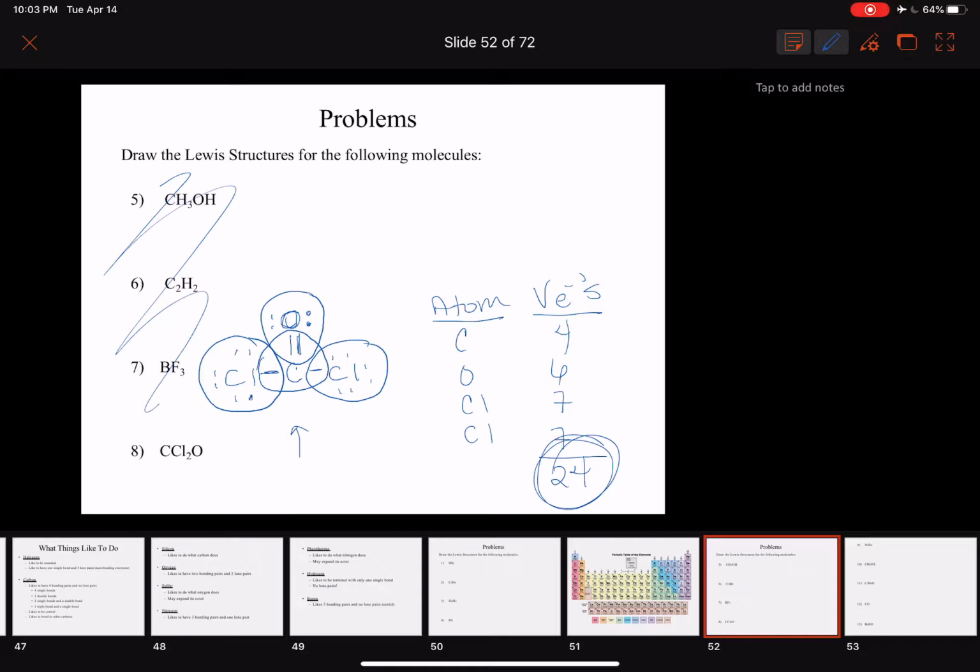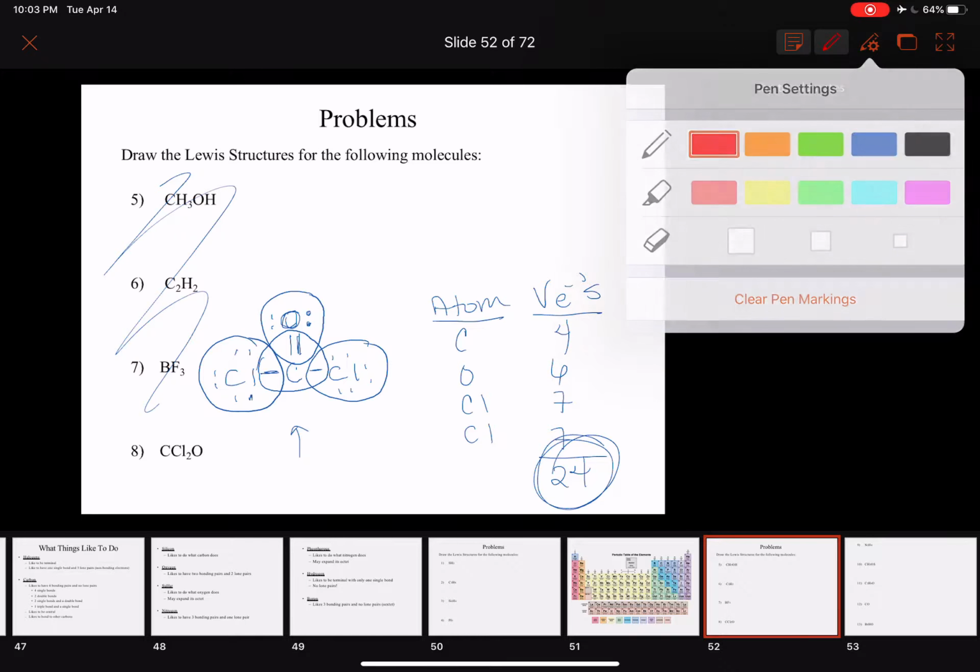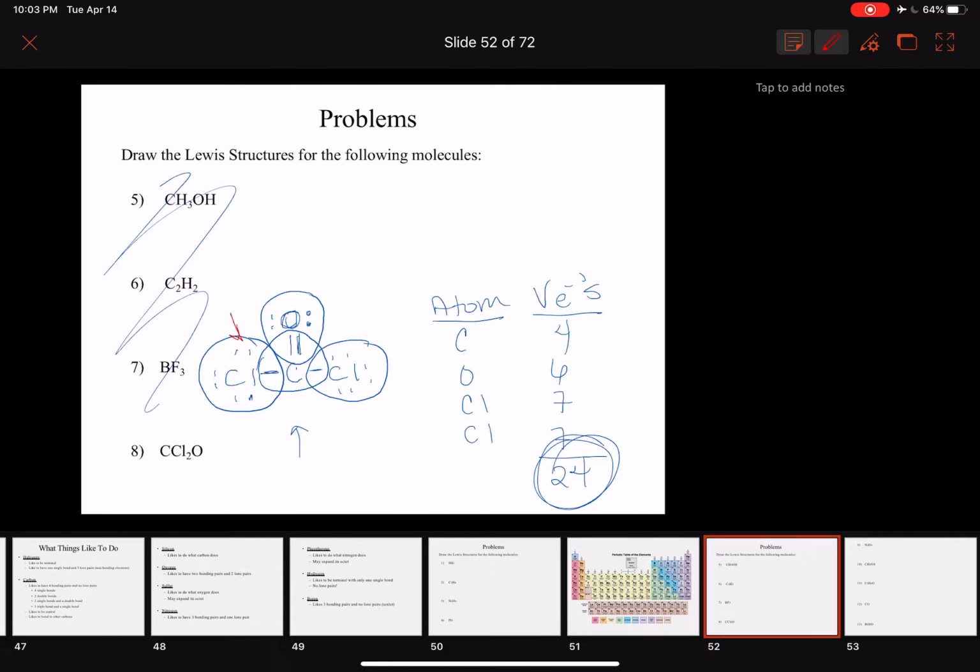And we want to make sure, again, that we've got our 24 valence electrons. So 2, 4, 6, 8, 10, 12, 14, 16, 18, 20, 22. Oh, where did I mess up?